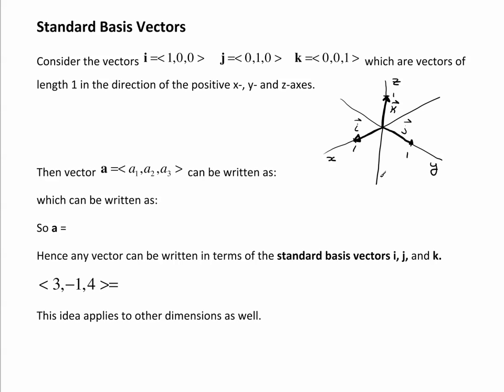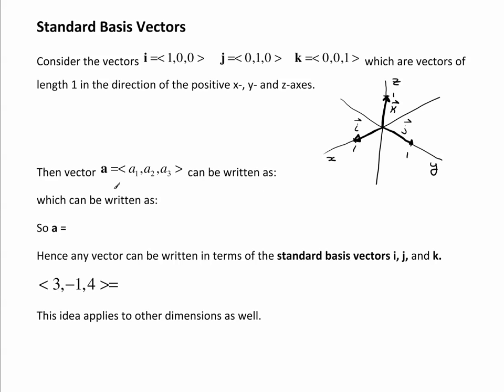Then vector A in 3 space can be written as, well, I'm sorry, I said I'm jumping to 3 space. I've been in 3 space. I'm going to move this up here. I need a little bit more room to write.